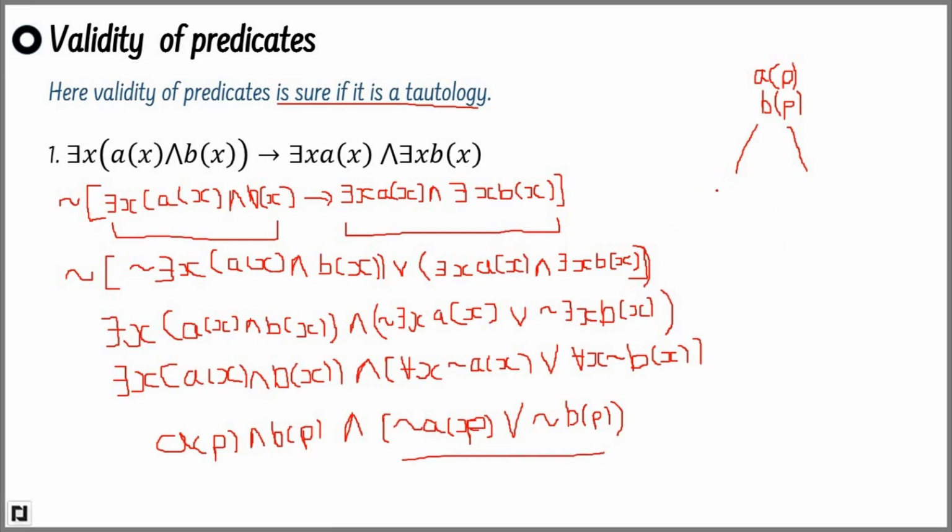So we place negation A of p here and negation of B of p here. You can see here A of p is closed by negation of A of p and B of p is closed by negation of B of p. So this statement is valid, or it is a tautology.